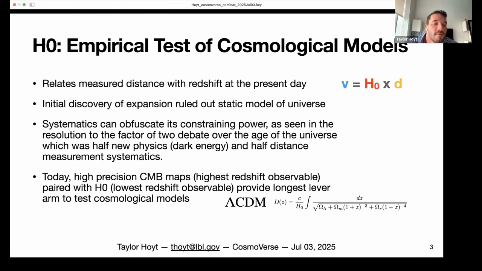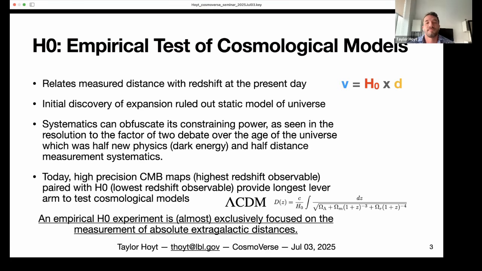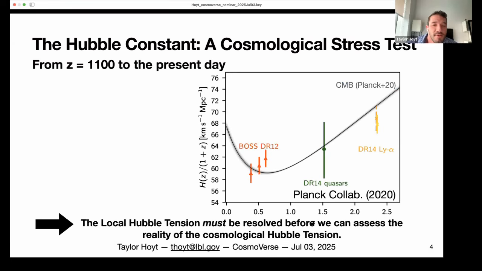Of course, right now the standard cosmological model is the lambda cold dark matter universe. So an empirical H0 experiment is almost exclusively focused on the measurement of absolute extragalactic distances, and that's what I'll be focusing on today.